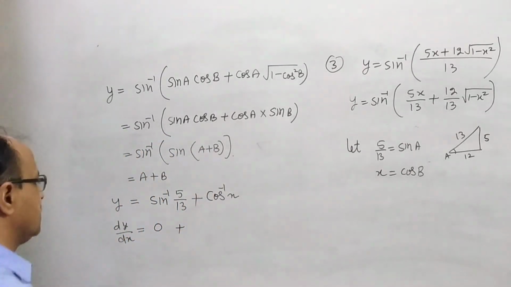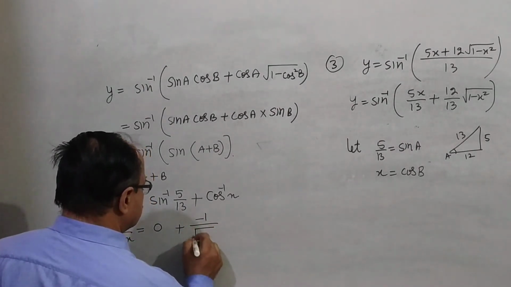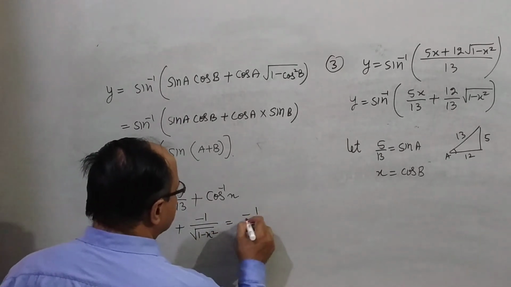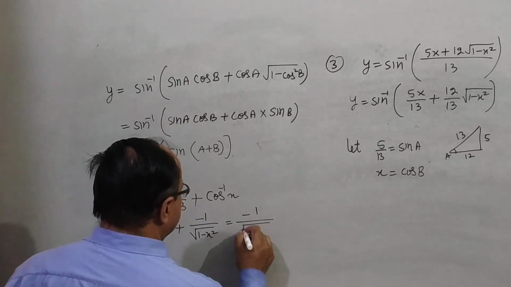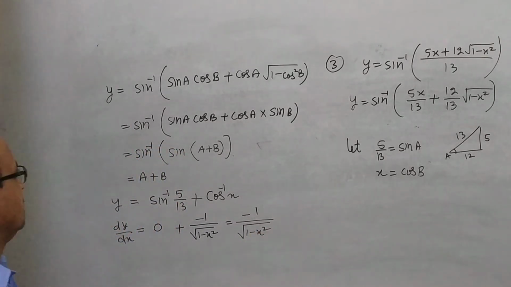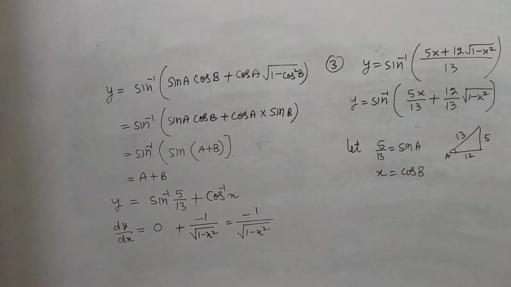So the derivative of cos inverse x is minus 1 by root 1 minus x square. This is the solution of question number 3. Clear? Check now.